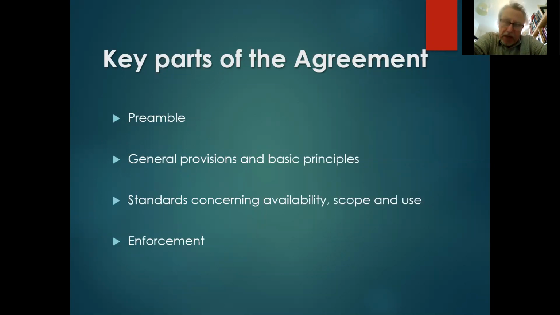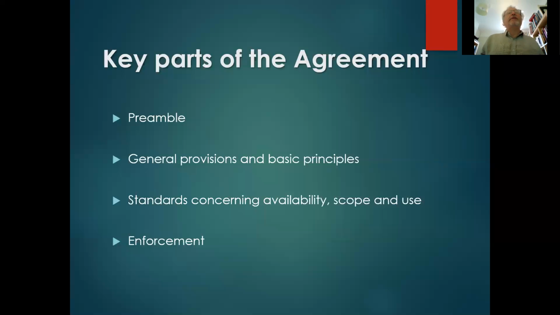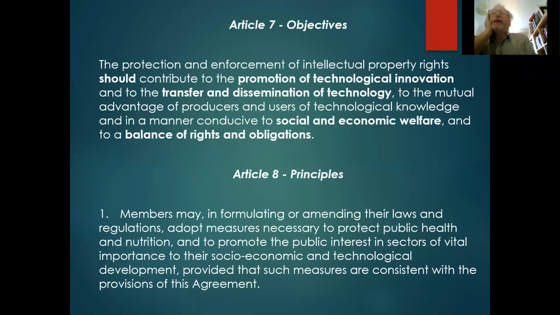Then general provisions and basic principles, which I mentioned already, but these are given a little more legal weight, more legal clarity. And standards concerning availability, scope, and use. Those standards are the ones that obviously cover all those rights. Those are the standards in those areas of IP. And then enforcement.